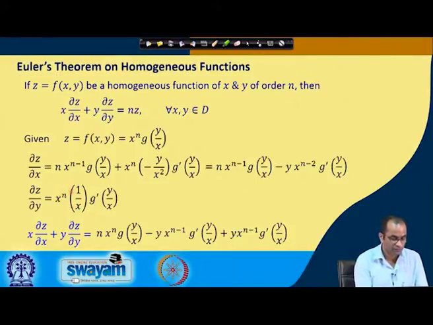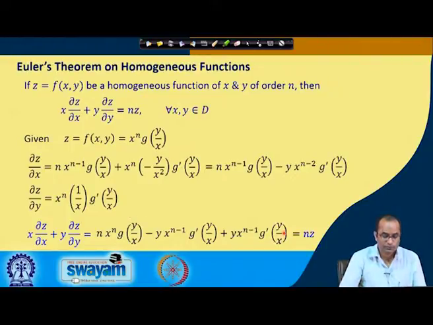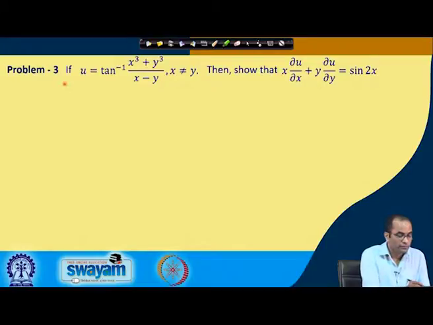So, this is x power n minus 1 multiplied by y, and then these two terms will get cancelled, and we have here n x power n g of y over x. And what was x power n g of y over x? This was z, or the function f of x, y. So, these terms cancel out, and then we get simply n into z. So, n and this is z here, and these two get cancelled. So, the problem number 3.